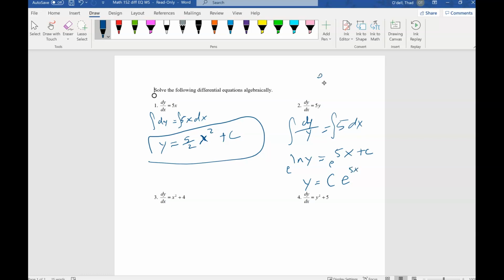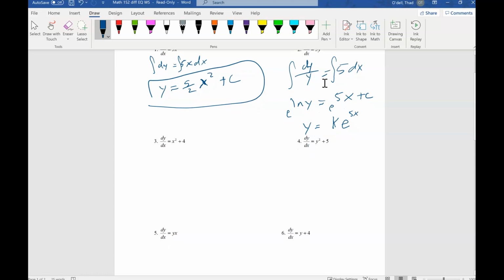Because remember, if I have e to the 5x plus c, that's the same thing as e to the 5x times e to the c, because when you multiply powers, you add their exponents. And e to the c is just a constant, so maybe we should call it k or something, just so you know we've changed. We're not saying that this is the same as that, but we're saying it's still just some constant.